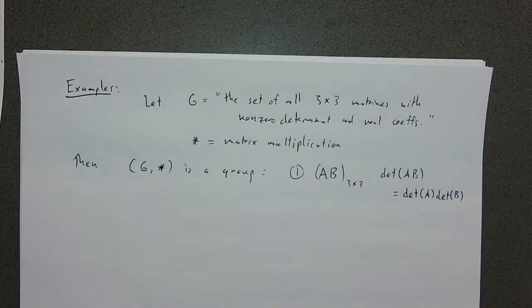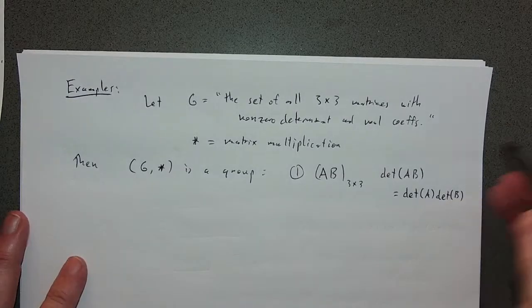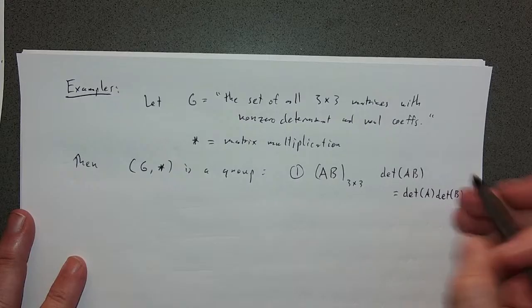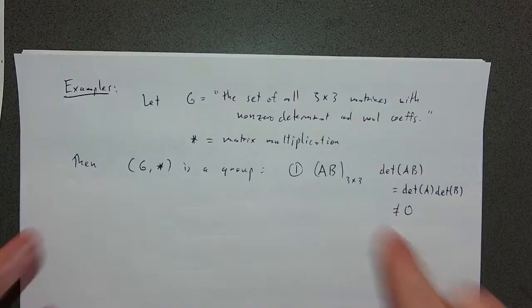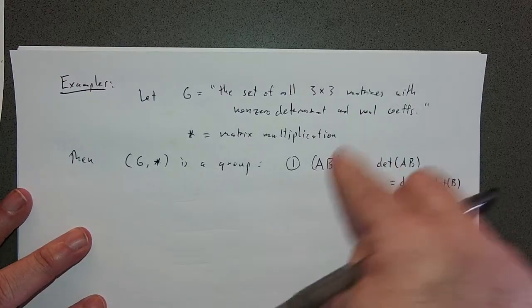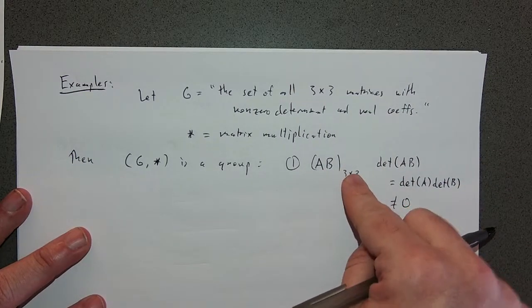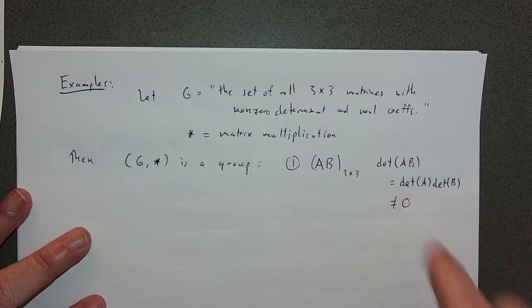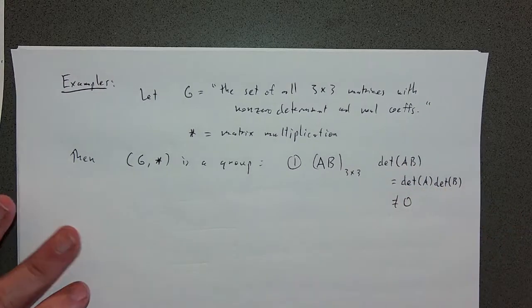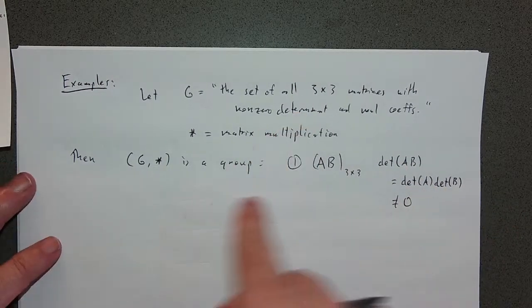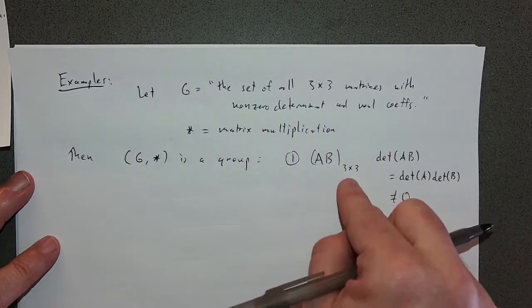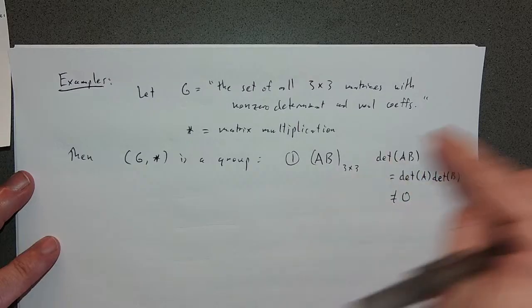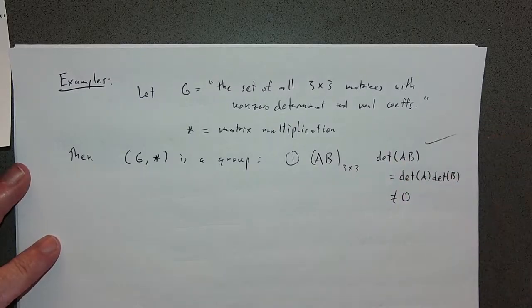So if each of these are non-zero, this is also going to be non-zero. Multiplying two 3 by 3 matrices gives us a 3 by 3 matrix. I started with two 3 by 3 matrices with non-zero determinant and real coefficients, I multiply them together, and I get a 3 by 3 matrix with real coefficients and non-zero determinant. So it's closed.